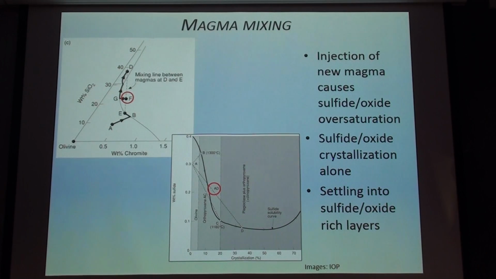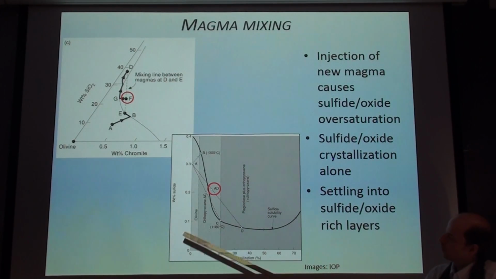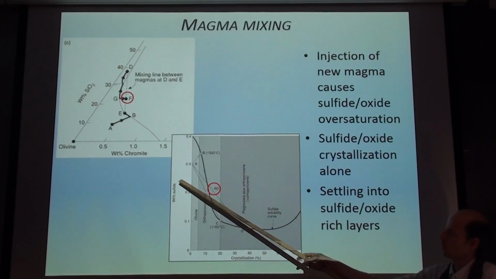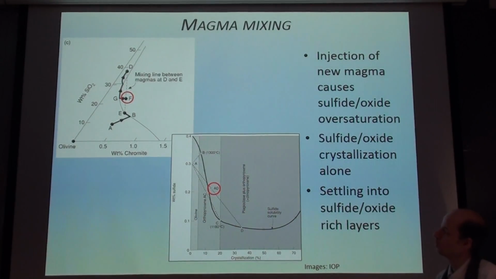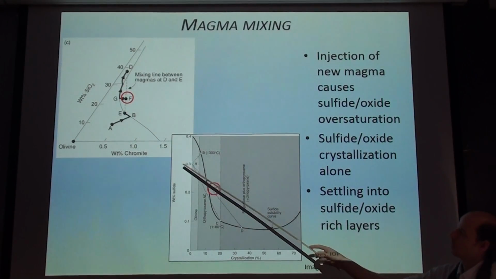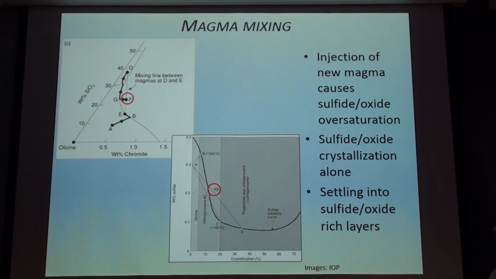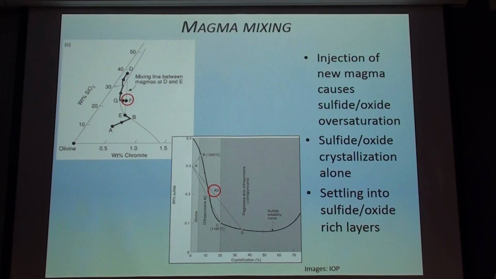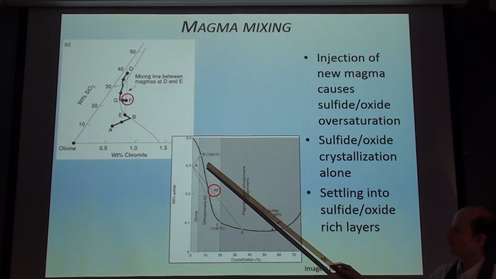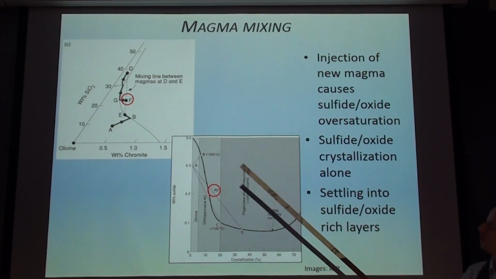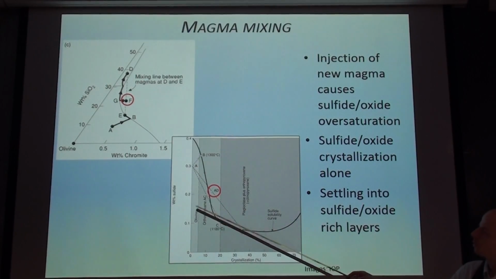Another way of looking at it is on the sulfide solubility curve. We've got percentage of crystallization on the x-axis, and we've got weight percent sulfide on the y-axis. We start with a magma that has 0.3 weight percent sulfide, which is below the solubility curve, and so we just crystallize olivine.